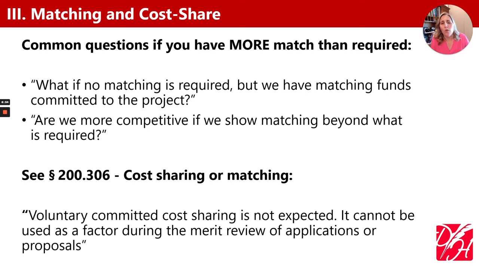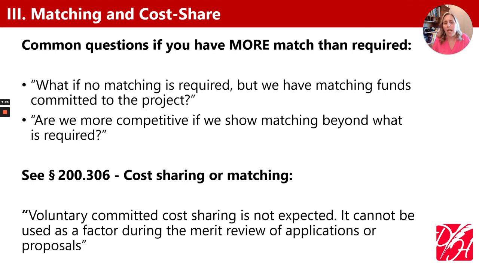But if you show that you will provide that much match, that's what they'll hold you to, they being your awarding agency. Well, what if no matching is required? It's a straight up no requirement, no cost share required, and we have, or we think we might have, matching funds to commit to the project. That would make us more competitive, right? No, same thing.